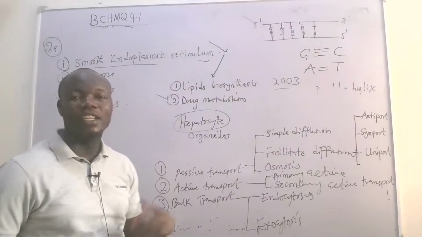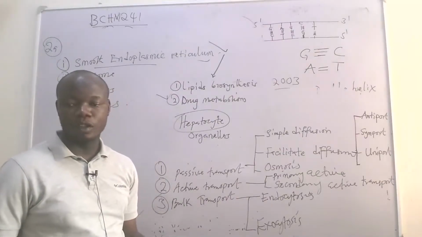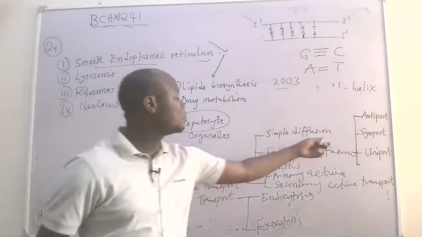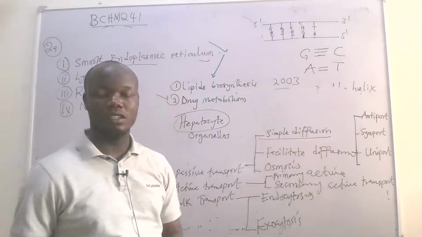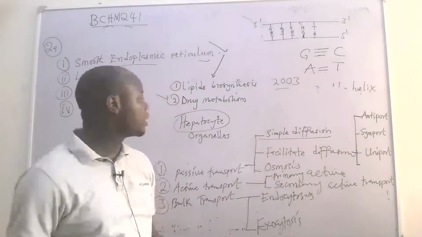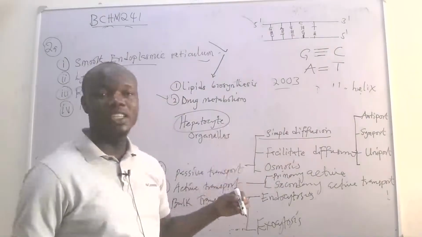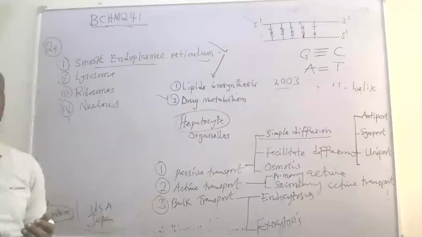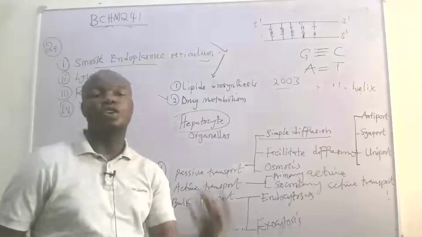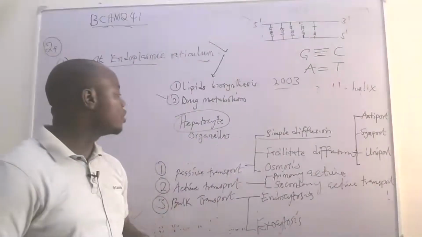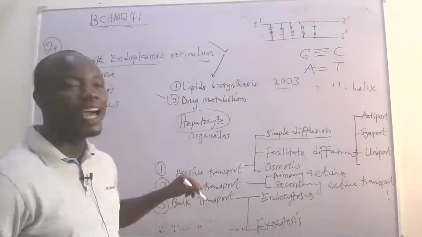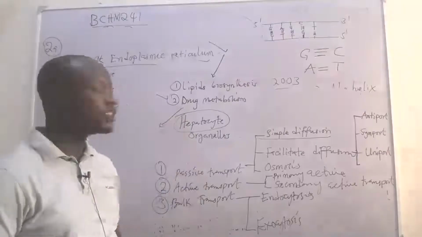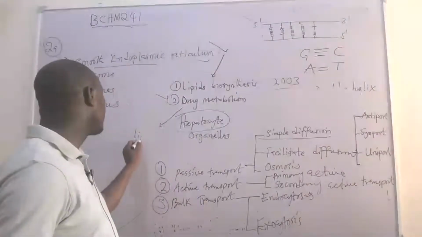Any substance that is lipid-soluble, or molecules that are very small, can pass across the cell membrane by simple diffusion. And remember, diffusion is the movement of molecules from the region where their concentration is high to the region where the concentration is low. That is why, because most of the drugs produced by the pharmaceutical industry are lipid soluble.